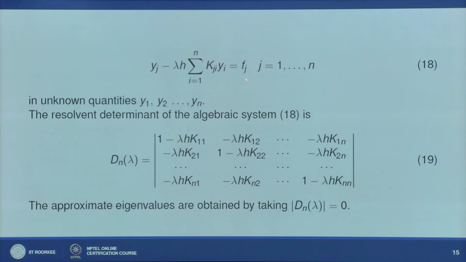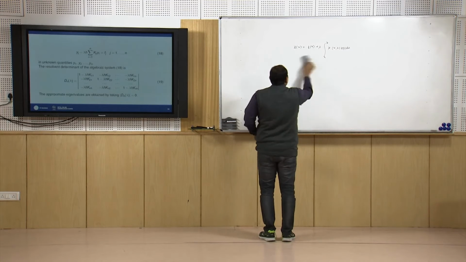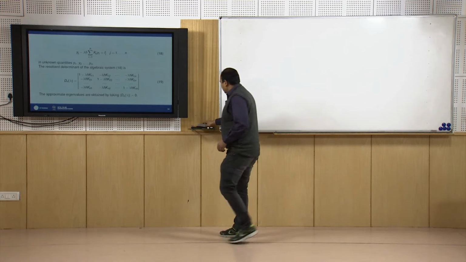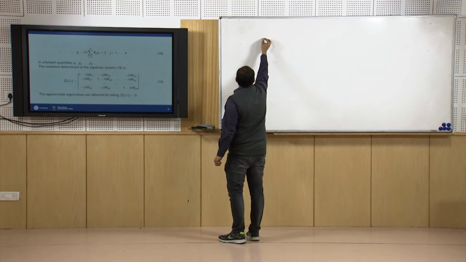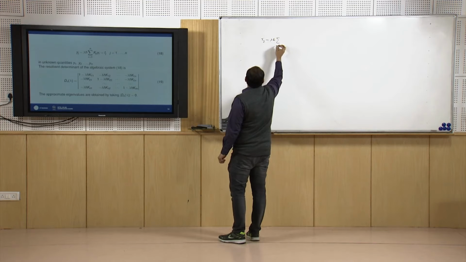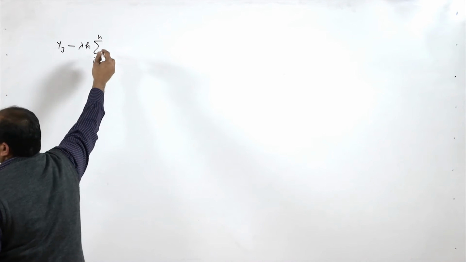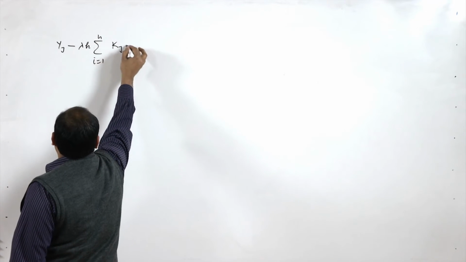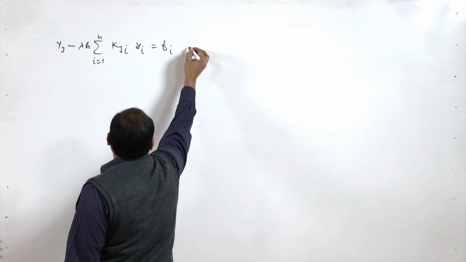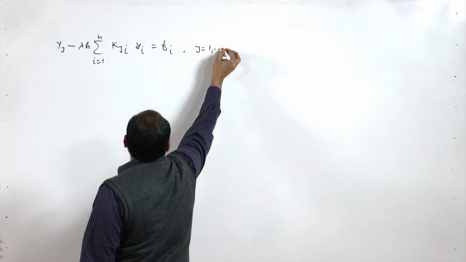To get this, you can solve it in terms of the matrix in lambda, acting on y_i. You can write it like this. So here we have y_j minus lambda h summation i equal to 1 to n k_ji y_i equal to f_j, and that is valid for j equal to 1 to n.